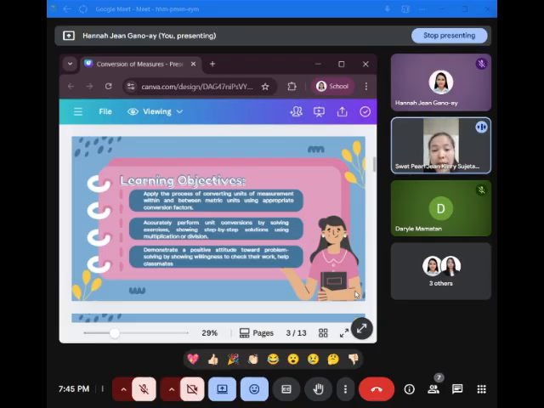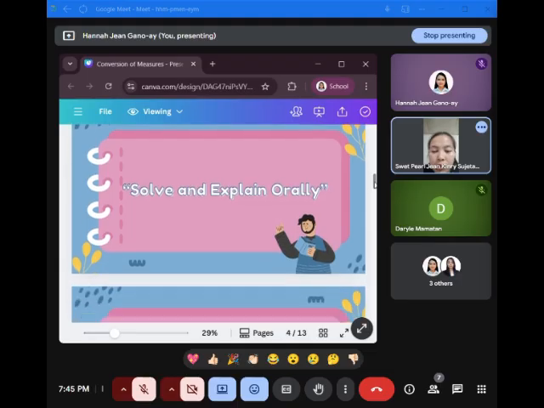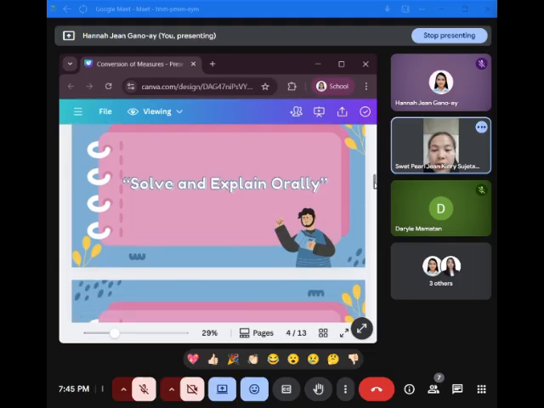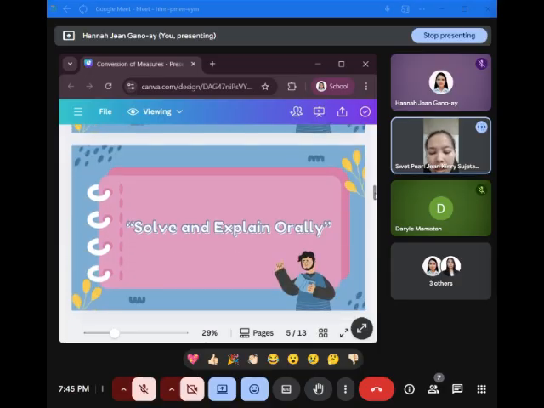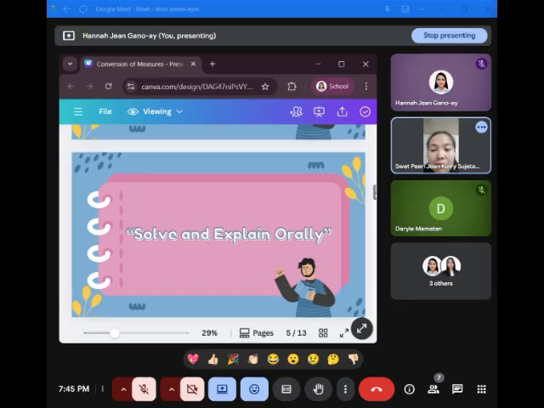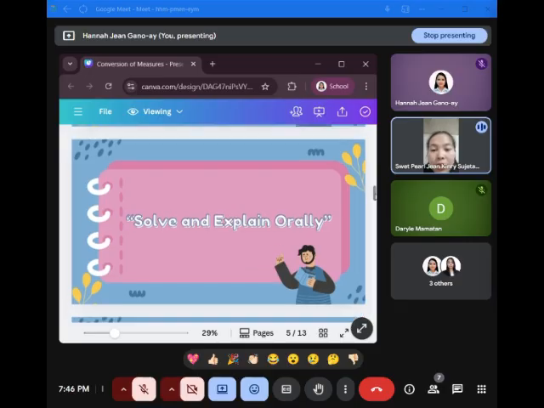And now, since we've already finished discussing converting units of measurement, I will test what you've learned by answering this question. Next slide, please. So the title of this activity is Solve and Explain Orally.